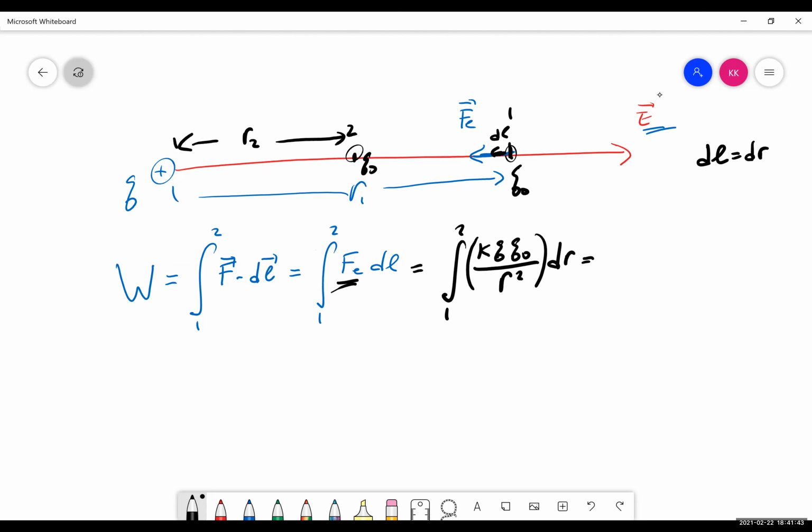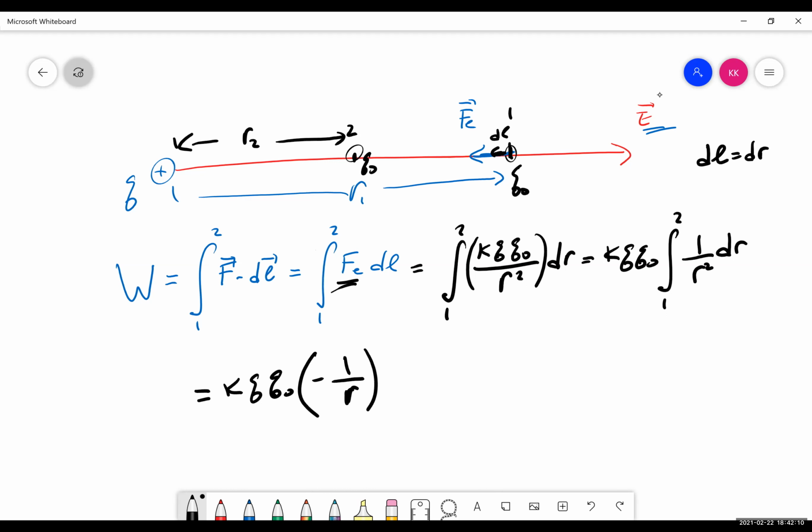That means k q naught can come out, technically, in this particular case, because those three quantities are constant. Then I have the integral going from 1 to 2 of 1 over r squared dr. If I calculate this, I get k q naught, and the integral of 1 over r squared is negative 1 over r, going from r1 to r2.